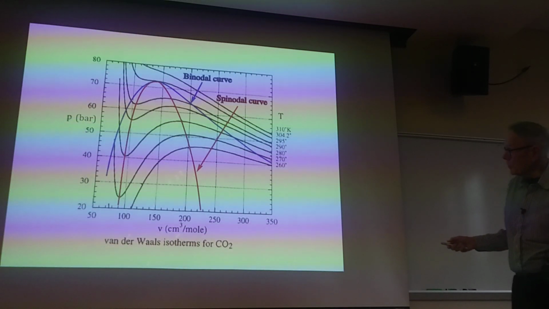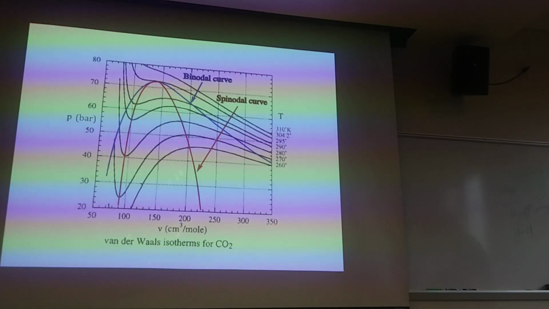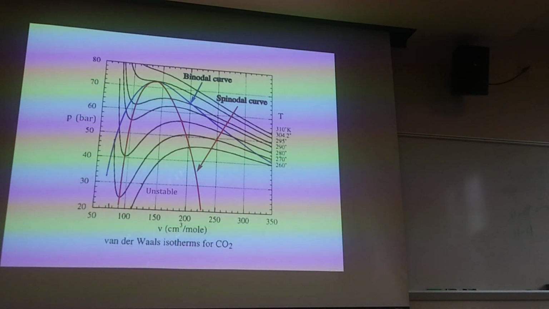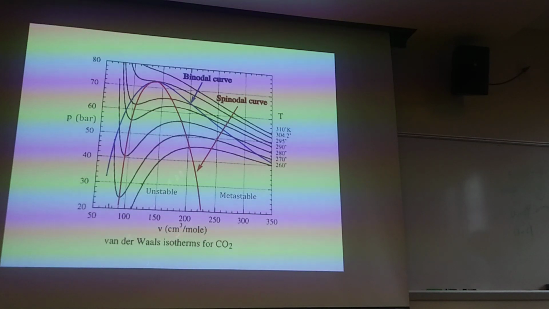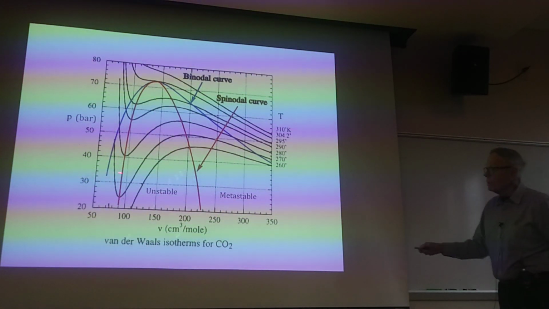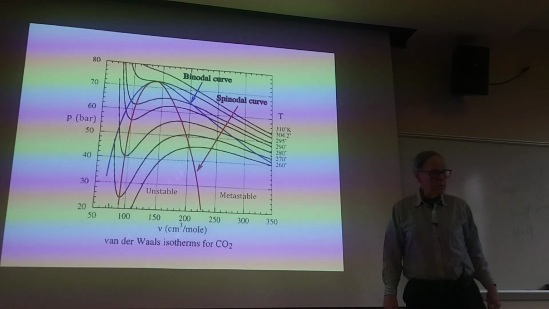On this side, I'm going to have metastable vapor, and on the other side, I'll have metastable liquid. So that's unstable. This is metastable. Also metastable, I didn't have room to put in the word, but over here between the blue and the red curve, that's metastable liquid.